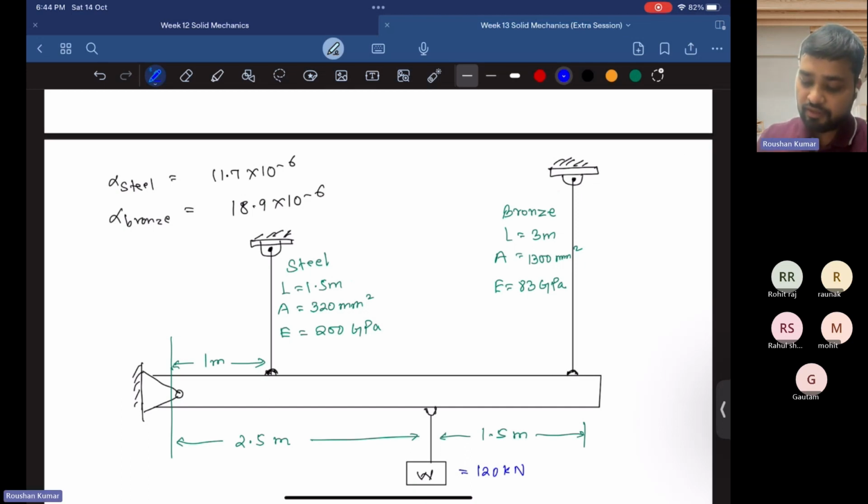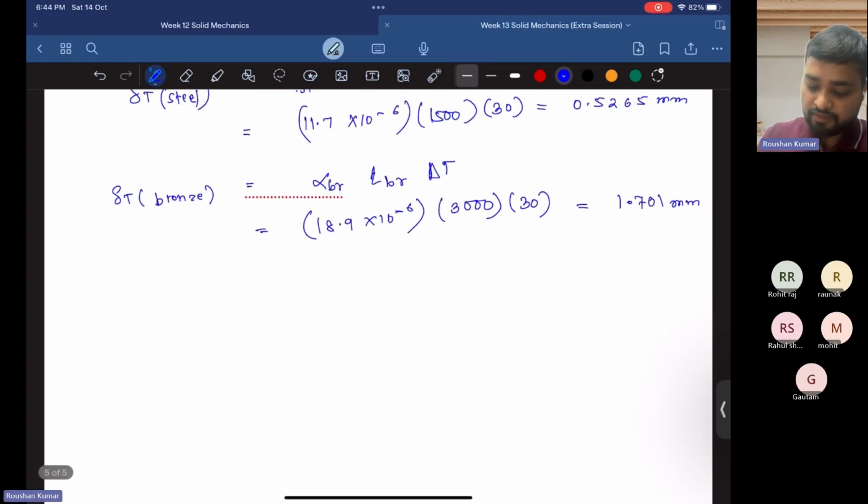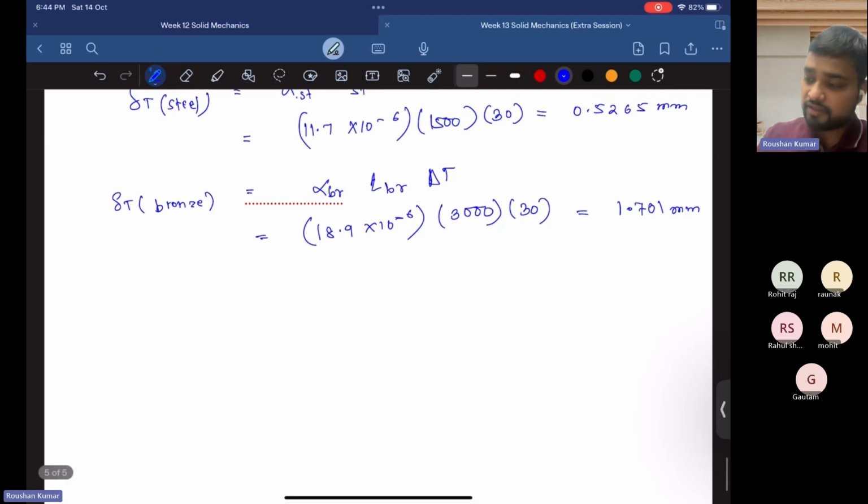We know, using the concept of total change in length, that the total change in length will be constant.